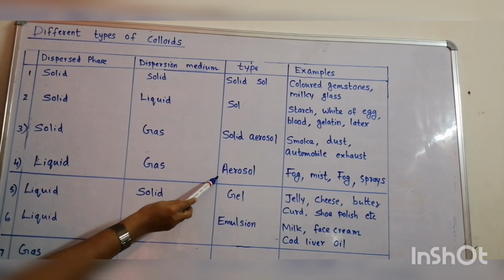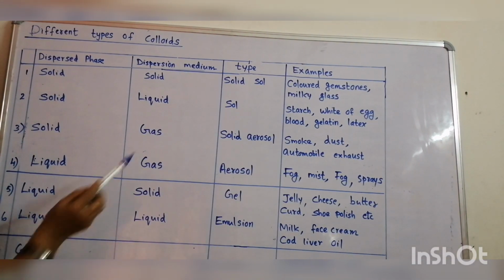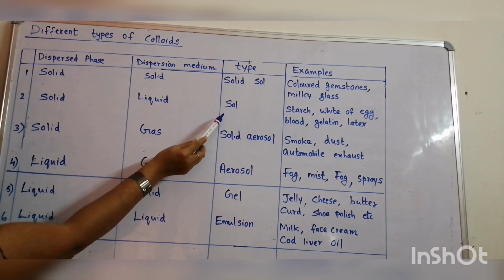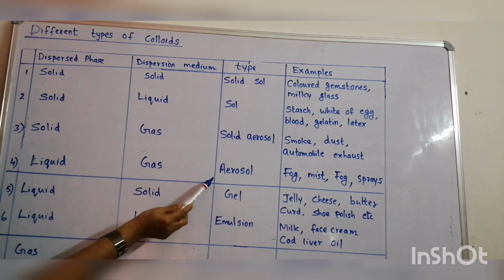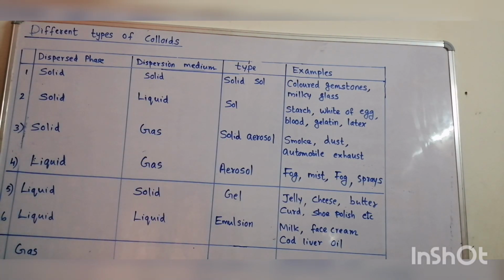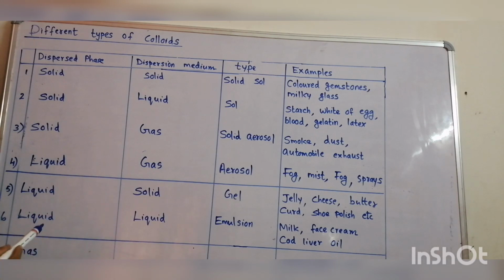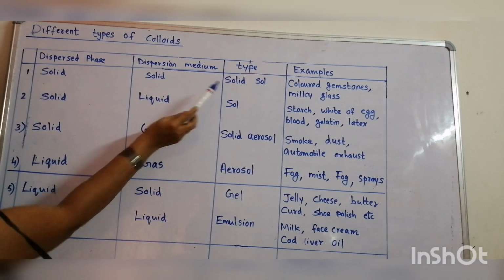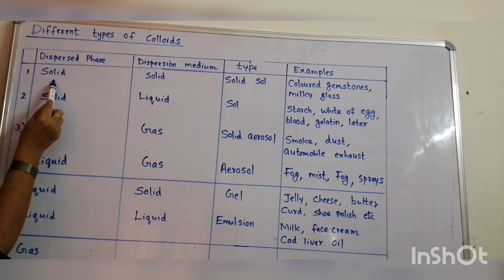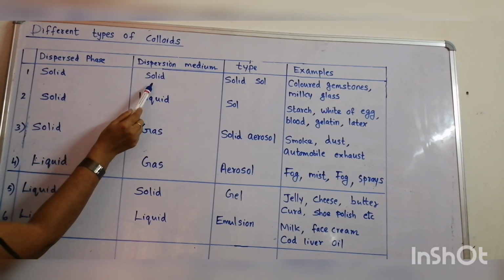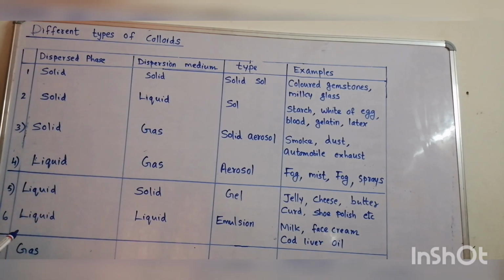Here the first 4 are sols, solid sols, sols, solid aerosol and aerosol. In all these cases, dispersed phase and dispersion medium are different. In solid sol, dispersed phase is solid and dispersion medium is also solid.